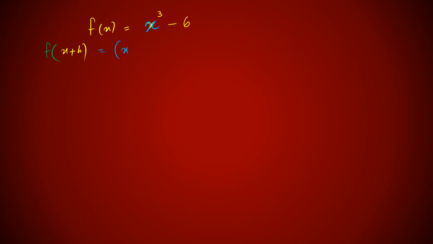So we will write x plus h as it is, and the cube put outside the bracket, minus 6. Now the first thing is, write down the formula of the limit definition and replace your data over here to avoid confusion.